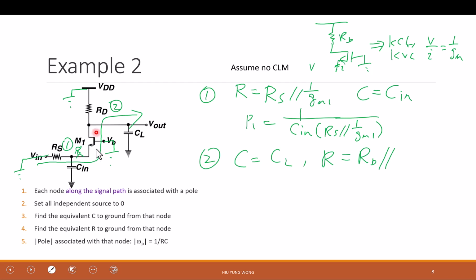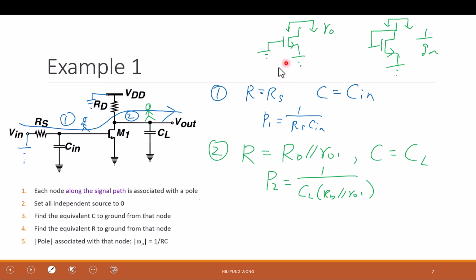So when you look down, this is actually not 1 over Gm, but is it just R0? Can I say it's R0? Again, when can we say the drain impedance is R0? When there is CLM, and how should we bias the transistor? In saturation. But how about this?